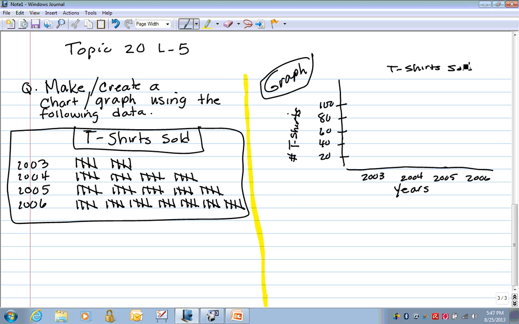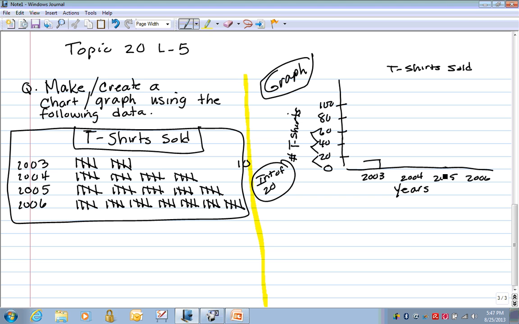If we look at 2003 data, 10 t-shirts were sold, so we don't have 10 on here. We start at 0. Our interval for this graph is an interval of 20. So we have 10. We're going to come over and draw our bar graph.